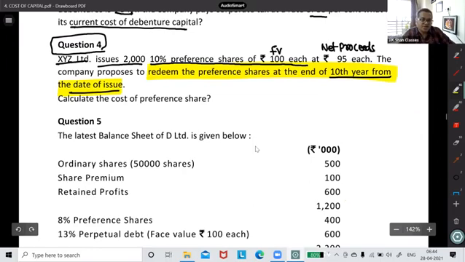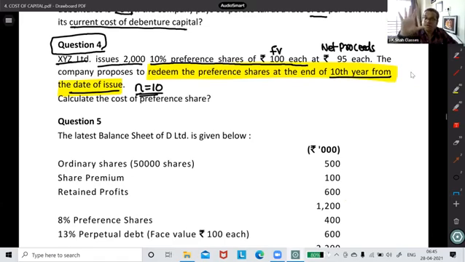You are given details of redemption. N is equal to 10. Redeemable type. That means what? Small formula or big formula? Big formula, very big formula. But in that very big formula, you need redemption value also. After reading the whole question, tell me, is anything told about the redemption value?